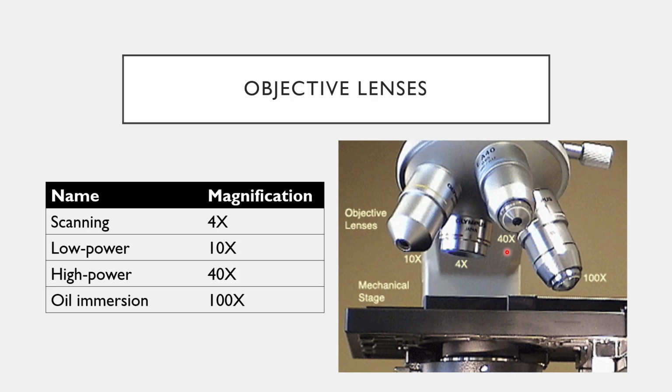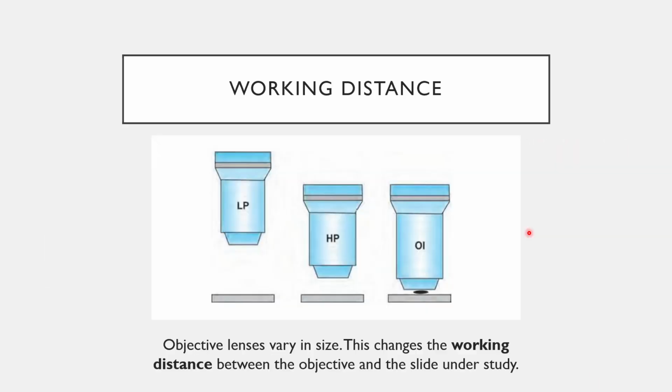This means that when you are working with the microscope, the distance between the tip of your lens and the slide is different depending upon which objective lens you are set to. And this distance here is what we call the working distance. The oil immersion lens, being the longest of all the lenses, has the smallest working distance between the tip of the lens and the specimen on the slide.